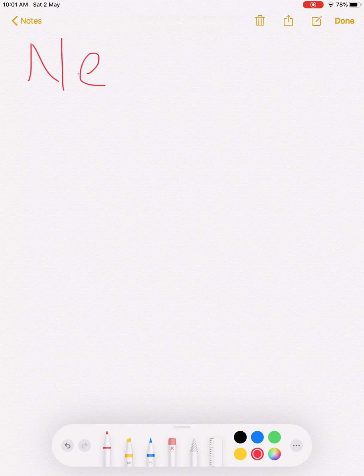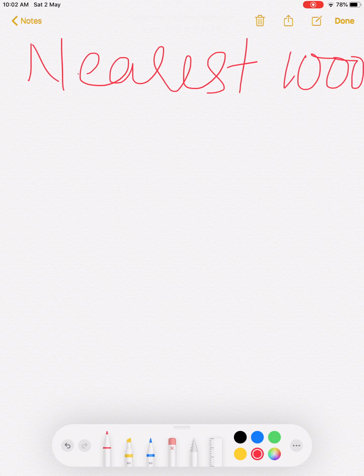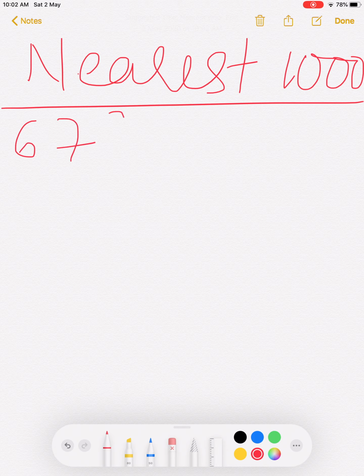And the last estimation is nearest 1000. Now I think you got the idea. Yes or no? So here same number we can consider, 6782. You see 1000 means ones, tens, and 100th places are zeros. So a multiple of a thousand has tens, ones, and hundreds places 0.